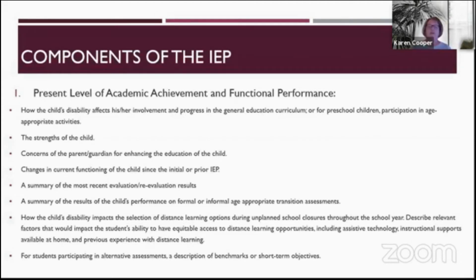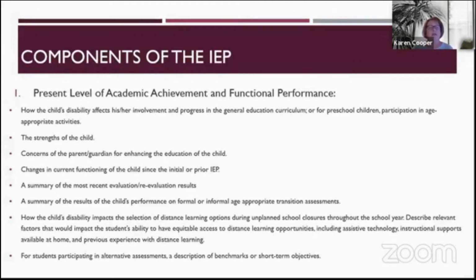The present level of academic achievement and functional performance provides the basis for all of the programming and all of the services and all of the supports that are provided to the child in order to receive FAPE. So it should be very detailed information.